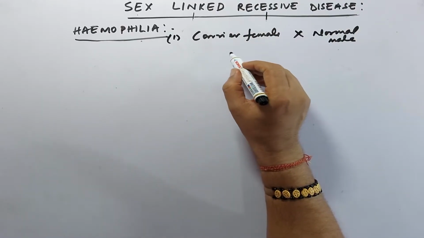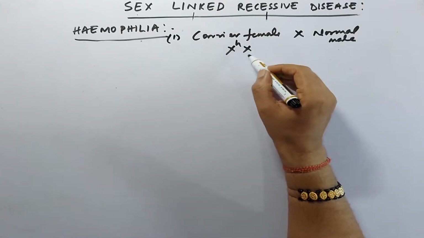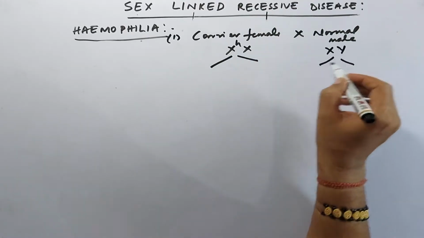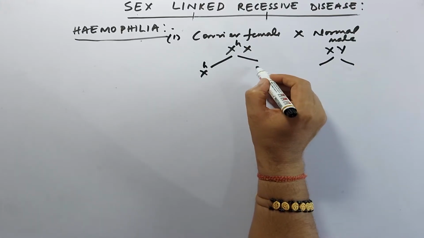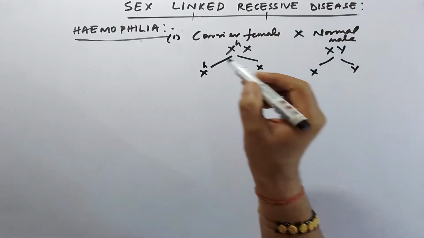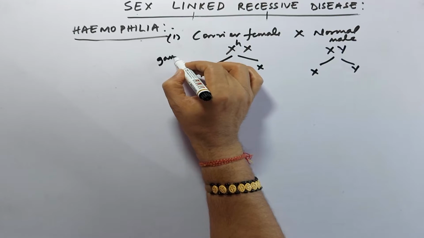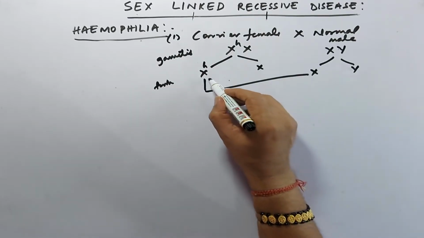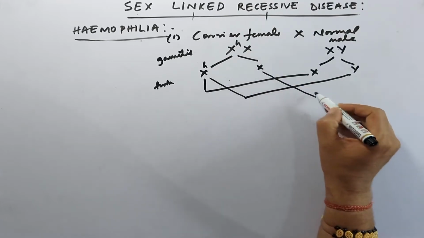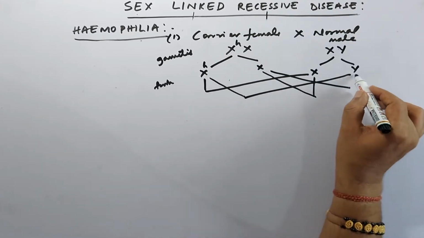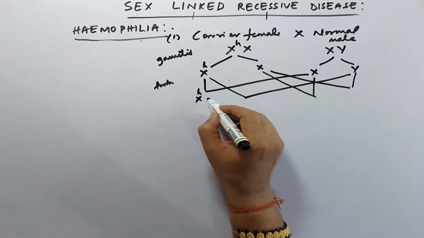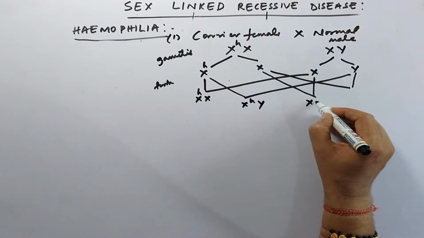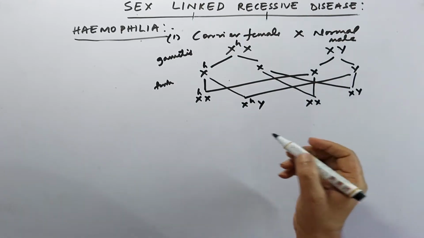When a carrier female marries a normal male, XHX and XY, by normal segregation the gametes are XH, X, and X, Y. By fertilization, this may fuse with this, and this may fuse with this. So we get XHX, XHY, XX, and XY.